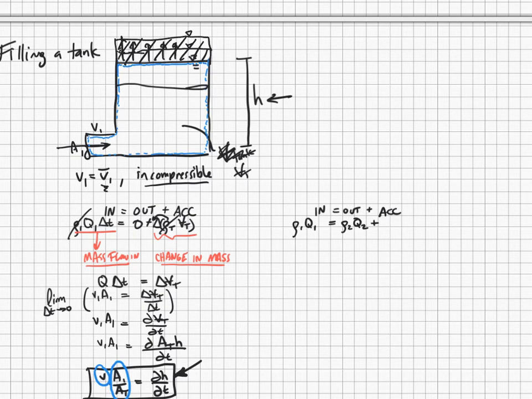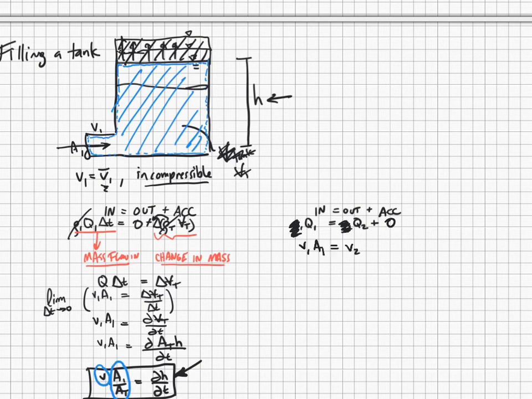In this version, the amount that's in the control volume has not changed, so this becomes a 0. Rho 1 and rho 2 are the same, so these two are going away. So I get V1A1 equals Q2.